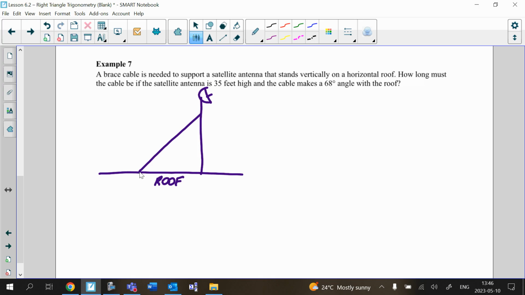Out of this situation, we have created a right triangle. Because the antenna is vertical and the roof is horizontal, they must meet at a right angle. Now we just got to figure out where we put our measurements.